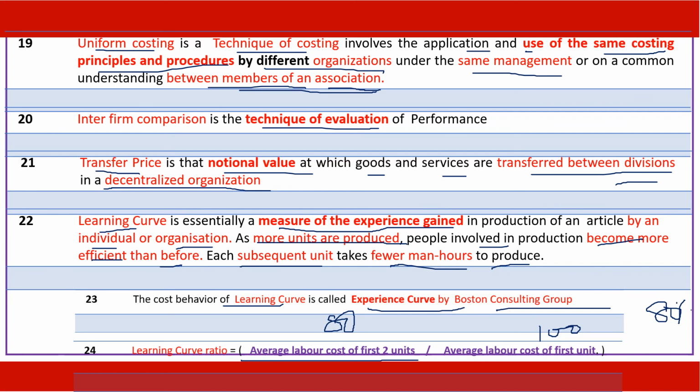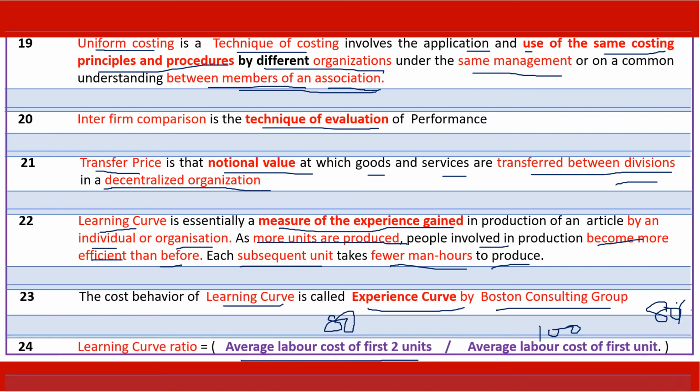Learning curve is a measure of experience gained in production of an article by an individual or an organization. As more units are produced, people become more efficient than before. Each subsequent unit takes fewer man-hours to produce and saves cost. Learning curve ratio equals average labor cost of first 2 units divided by average labor cost of first unit.